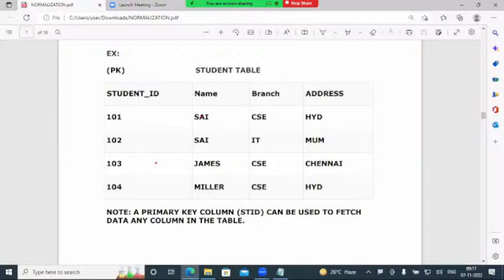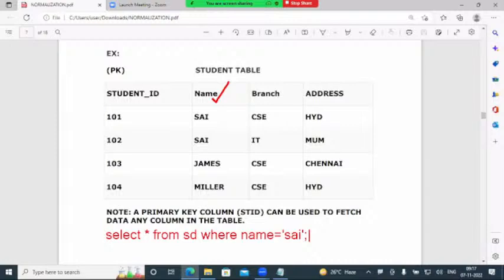If I want the details of a particular student by name, we write select star from student details where name is equal to Sai.